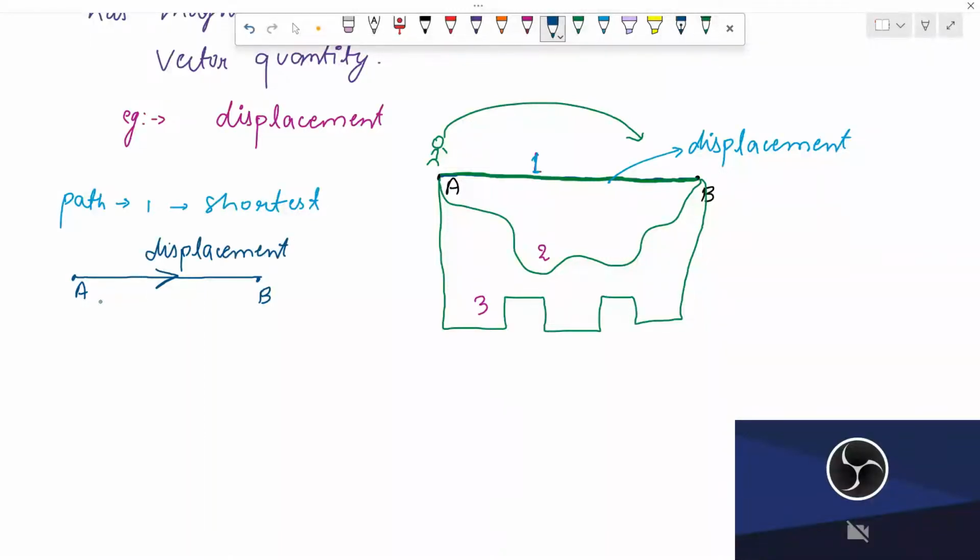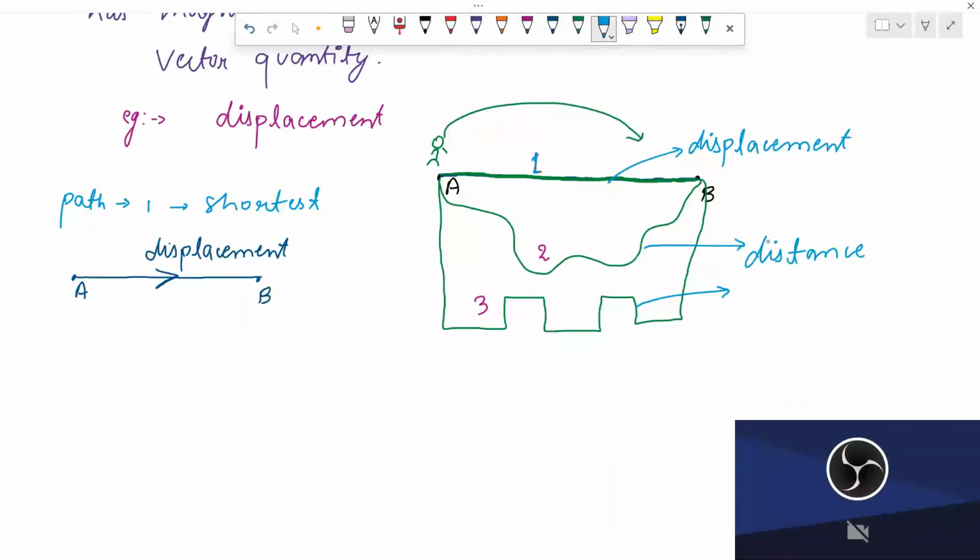If we have 2 points, then the direction of the displacement will be fixed. What will be the case for distance? Is there any fixed direction for distance? Path 2 and path 3 are nothing but distance.